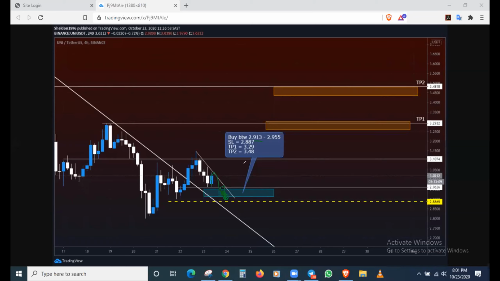Once you are able to establish this, then you can now go straight into the Binance.